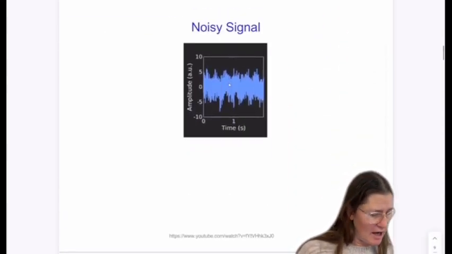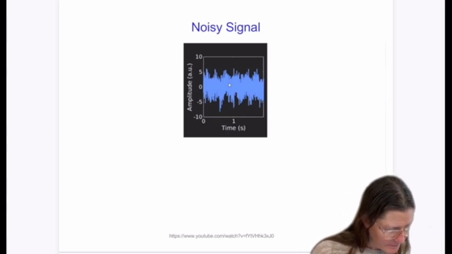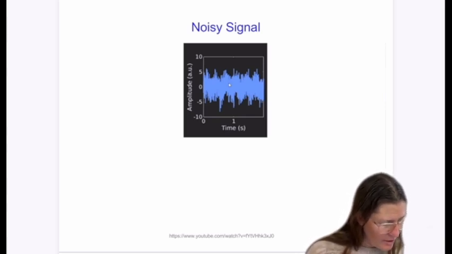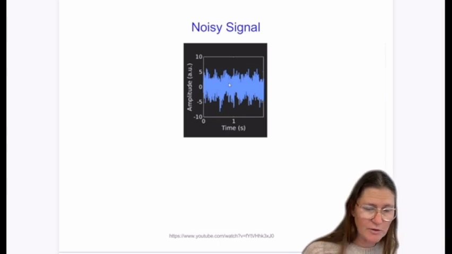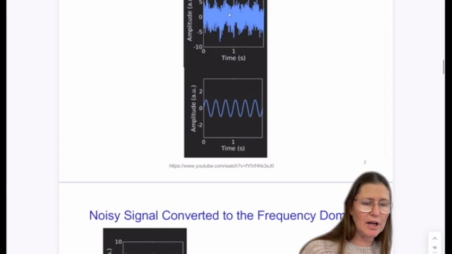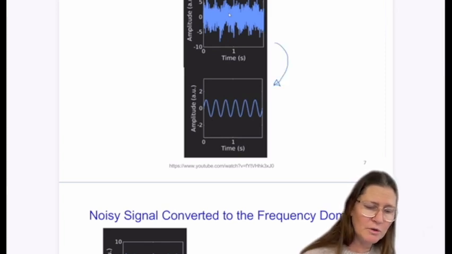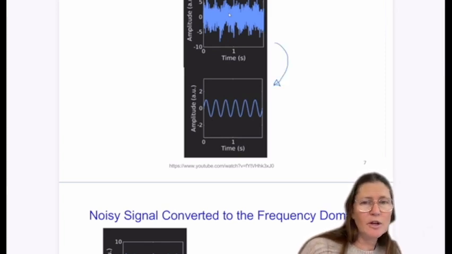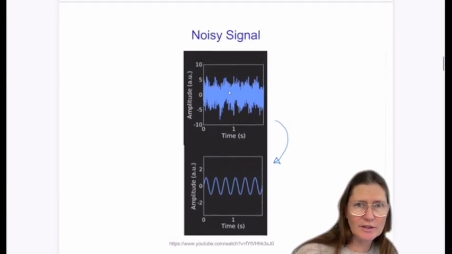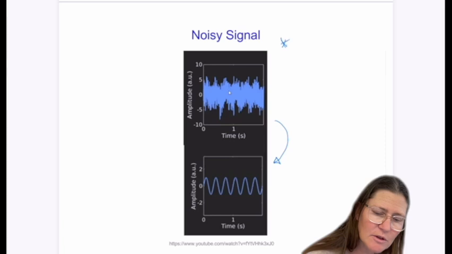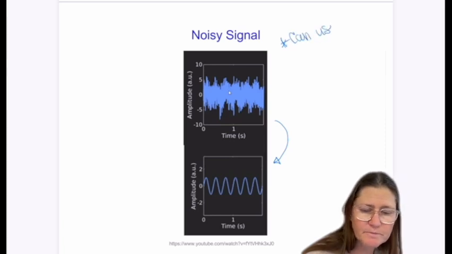So what happens when we have a noisy signal? One thing we may want to do is remove this noise to be able to get back to a normal signal. So with a noisy signal, we can use a filter.